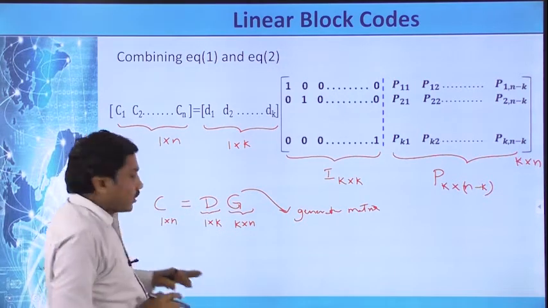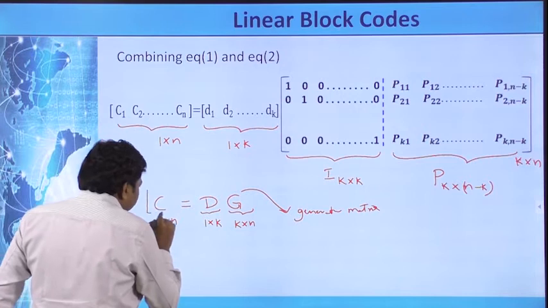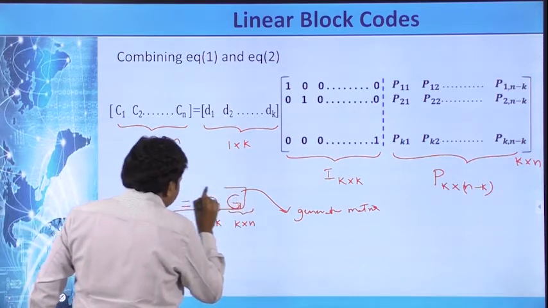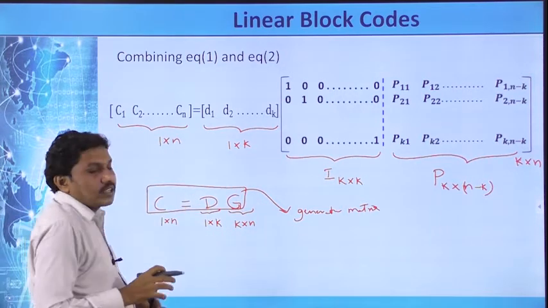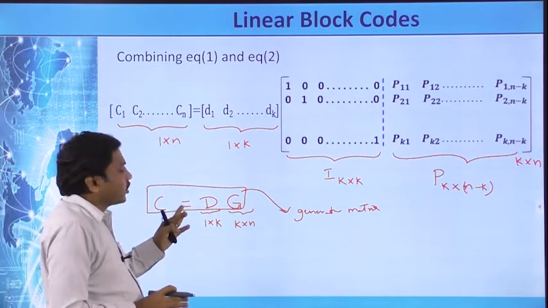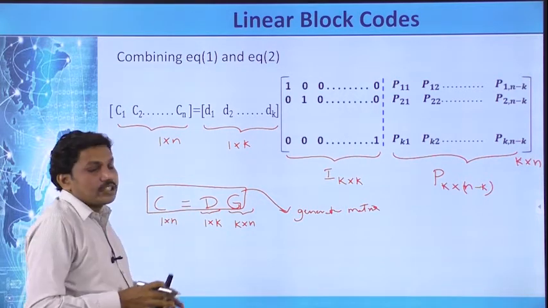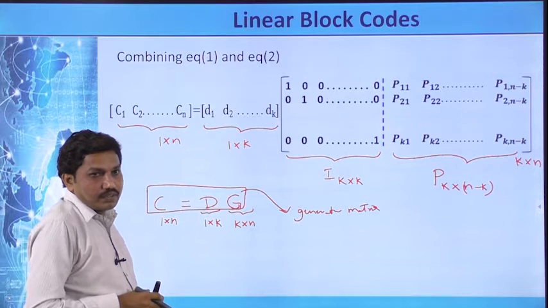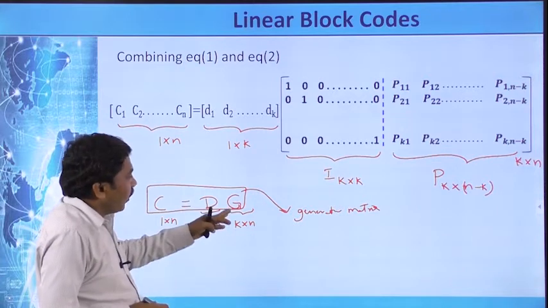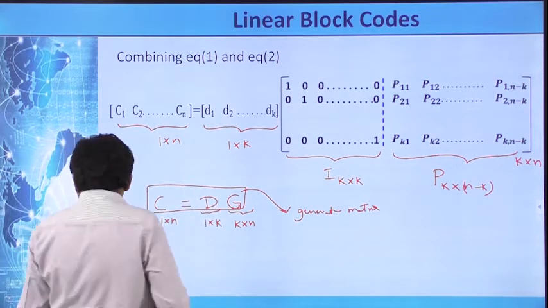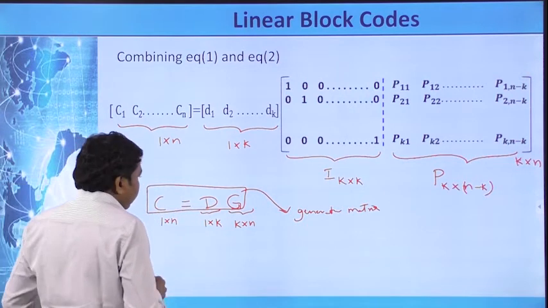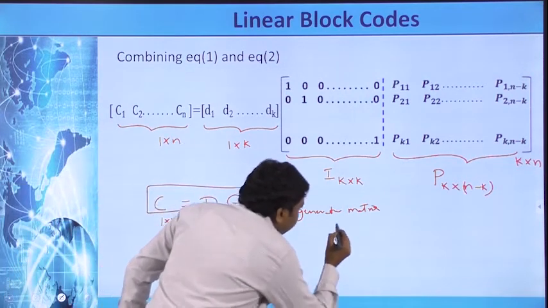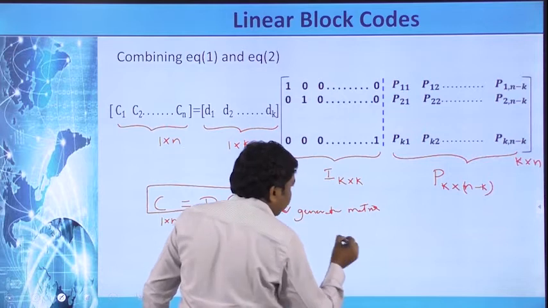Look here, C equals DG. The code words are generated by the formula C equals DG, where G represents the generator matrix. Now, what is G here? G is represented like this.